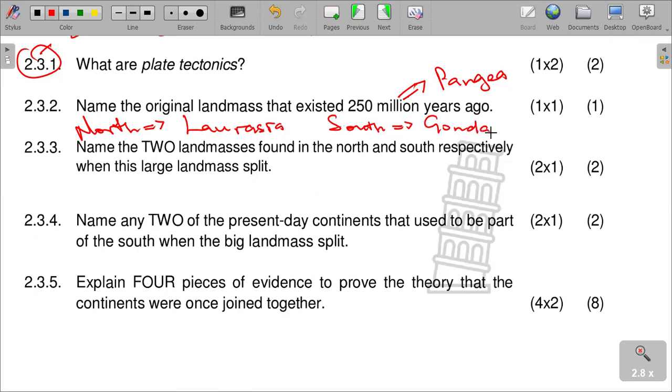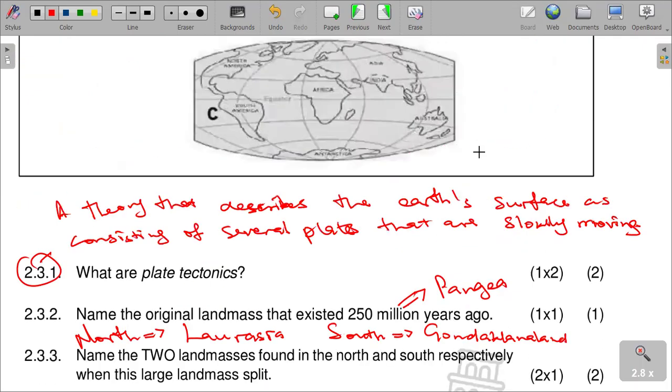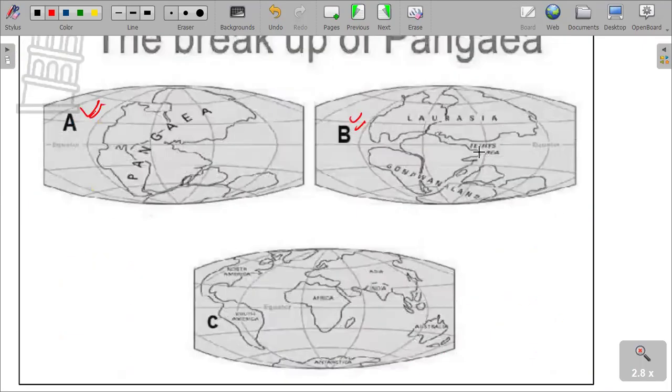I'm just giving you this like that because I know them, I have done them, I have studied them. We know that the Earth was once a supercontinent which divided from the Pangaea, forming the Laurasia and the Gondwanaland, which you can even see from this. The north is the Laurasia, the south is the Gondwanaland.